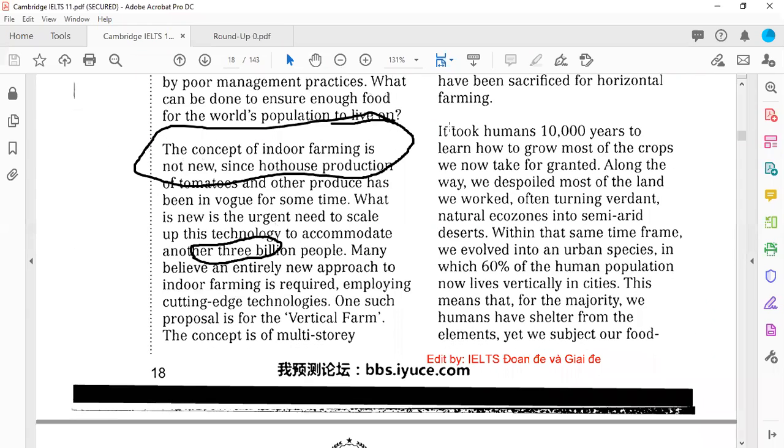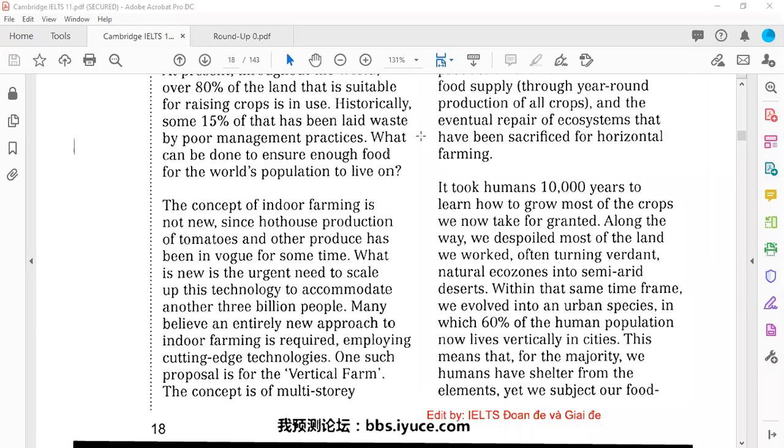And yeah, even if it was 1%, it is still true. Historically, some 15% has been laid to waste by poor management practices.